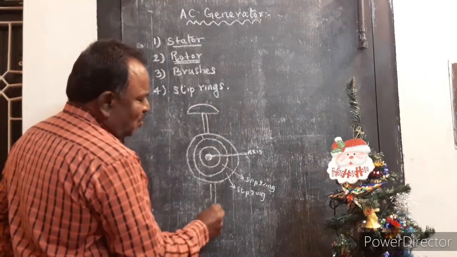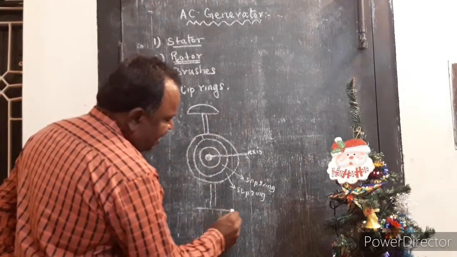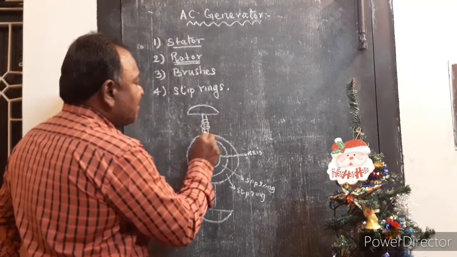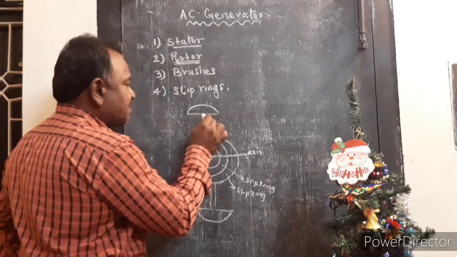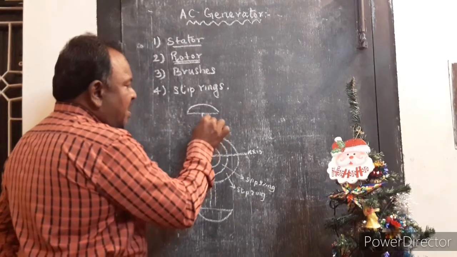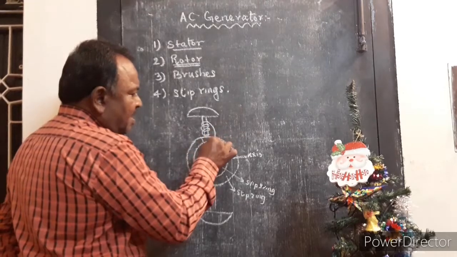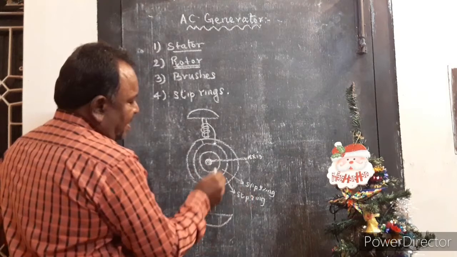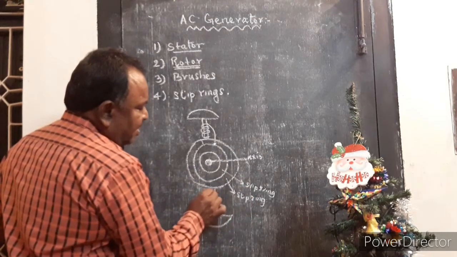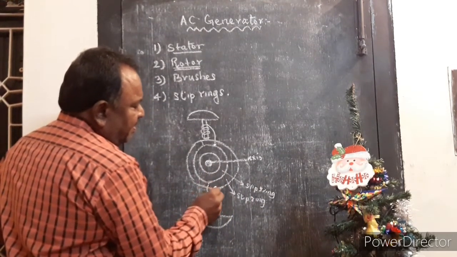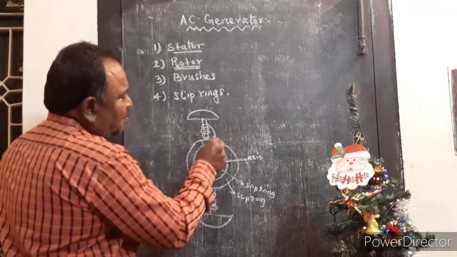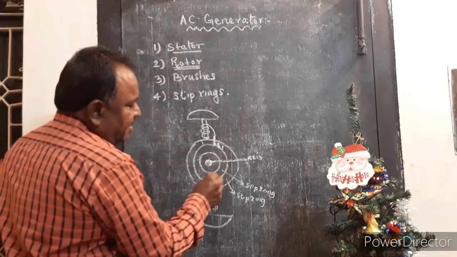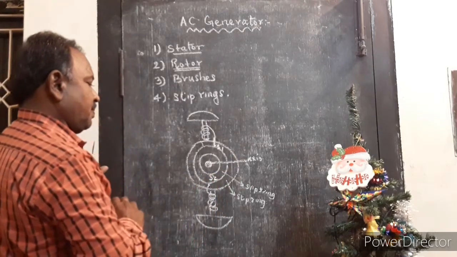This is a salient pole. This salient pole has field windings. The coil is wound over it, and one end of the coil is connected to slip ring S1 and the other end is connected to slip ring S2.